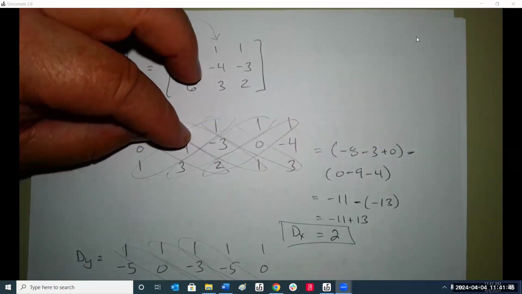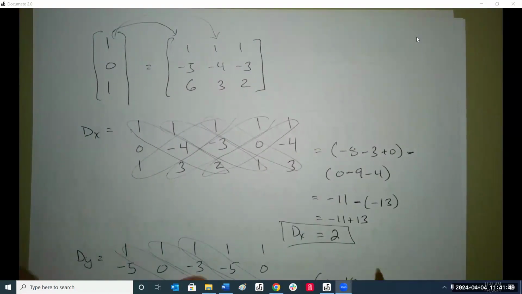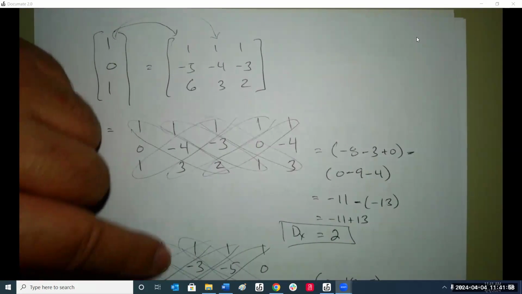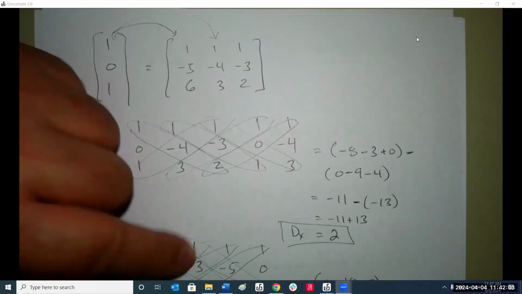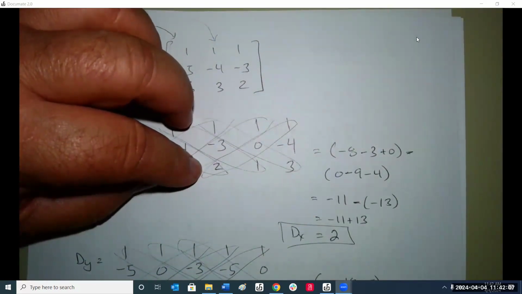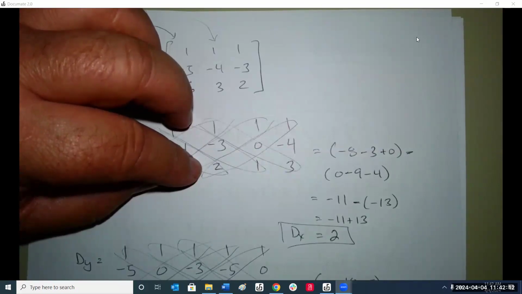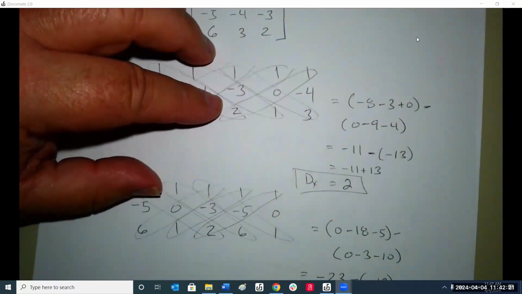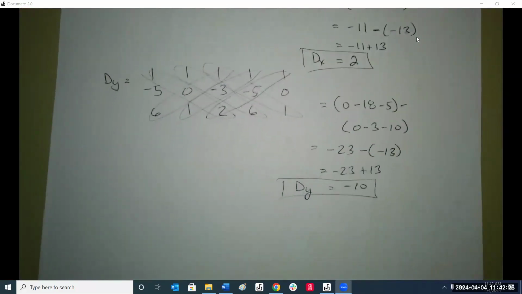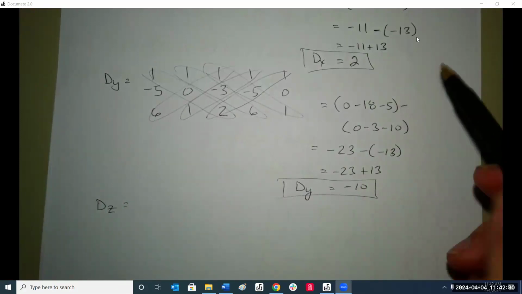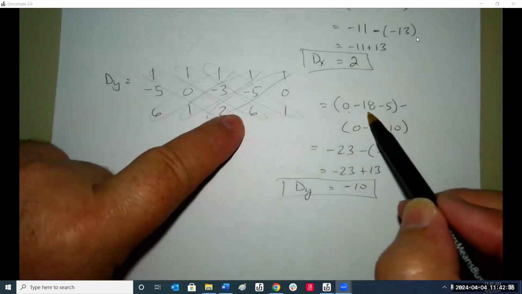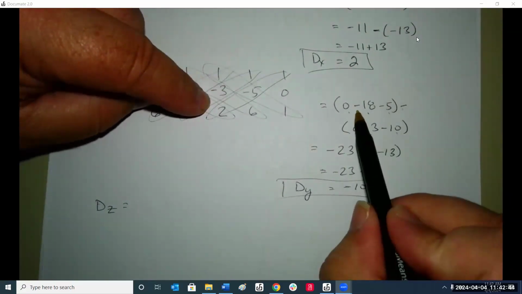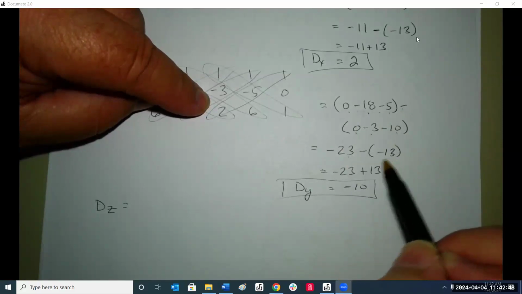And multiply these diagonals. 0 minus 18 minus 5. 0 minus 3 minus 10. -23 minus -13 is -10. So dy is -10. Negative is positive.